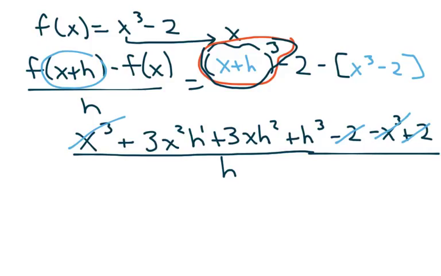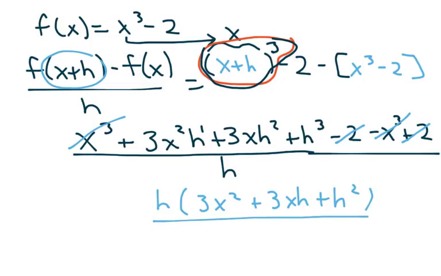No. So I'm going to factor out an h here. And I'm going to get 3x squared plus 3xh plus h squared all over h. The h's cancel, and that would be your answer.